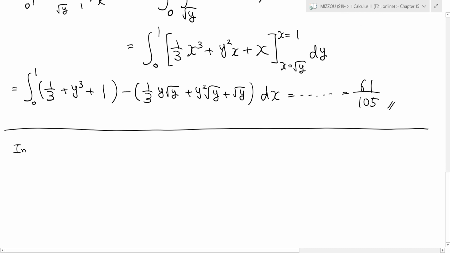In general, let D be a region in the xy plane.